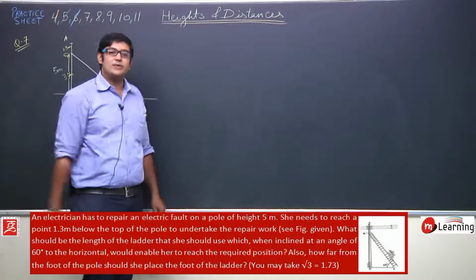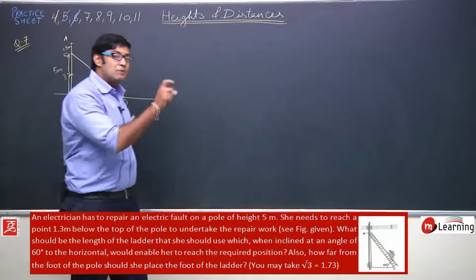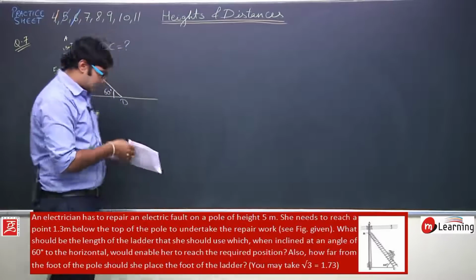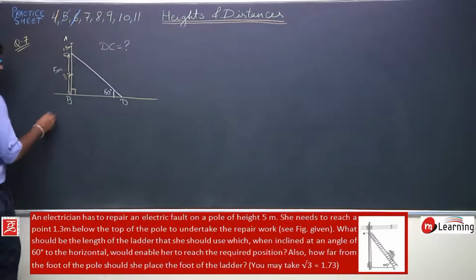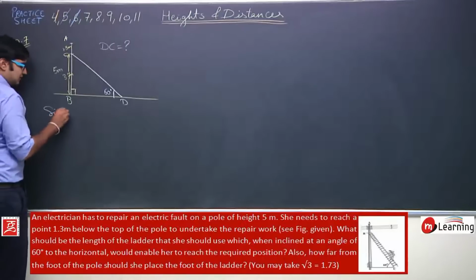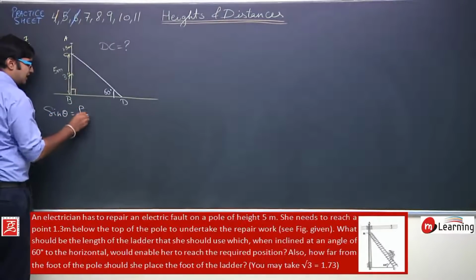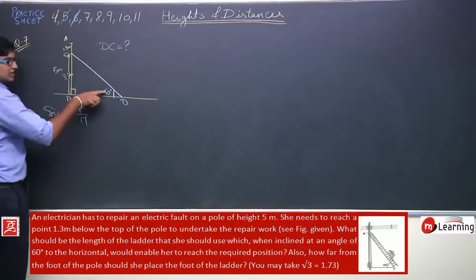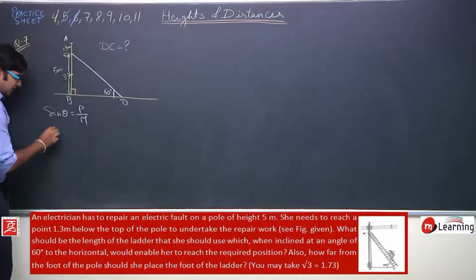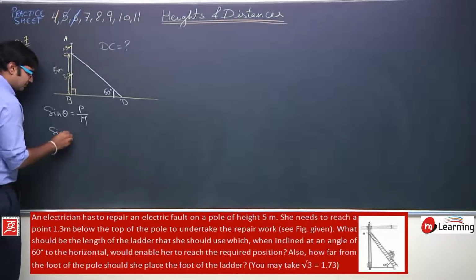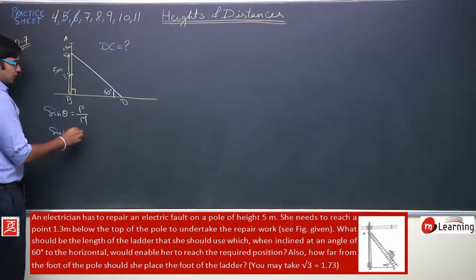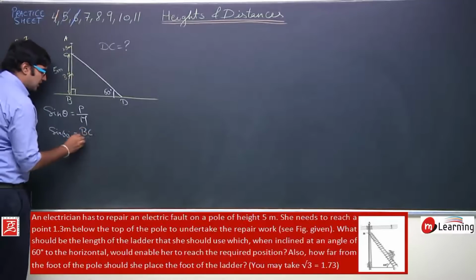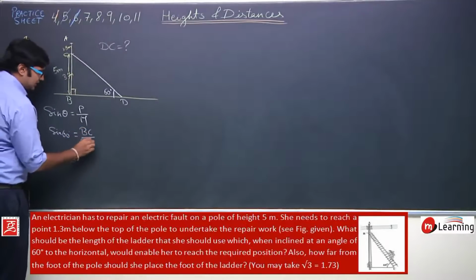So think about a trigonometric ratio which relates perpendicular and hypotenuse. So we know the ratio is sin theta, which relates perpendicular and hypotenuse. Theta is 60 degrees, so I can write sin 60 degrees is equal to perpendicular. What is perpendicular? It is BC upon hypotenuse DC.